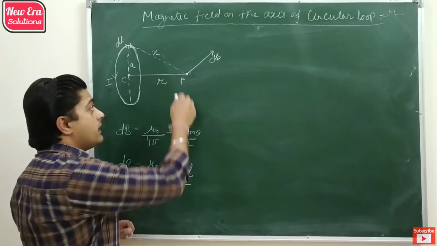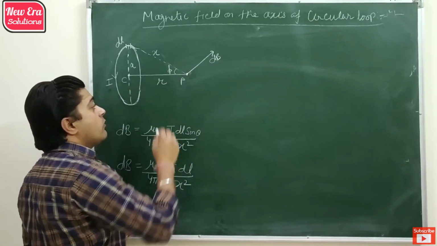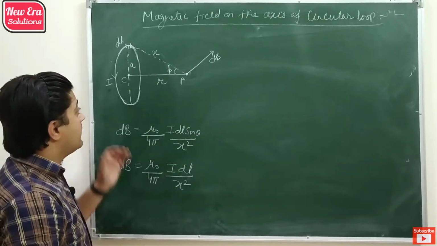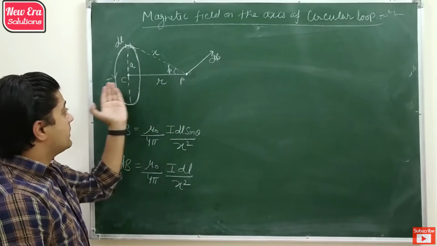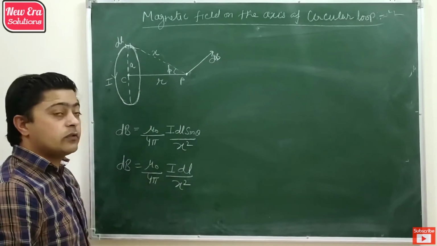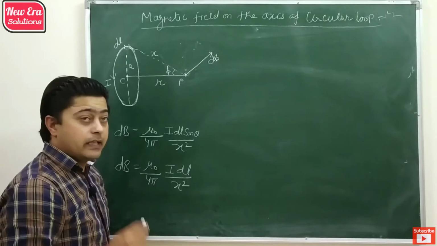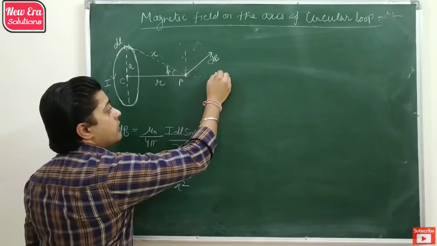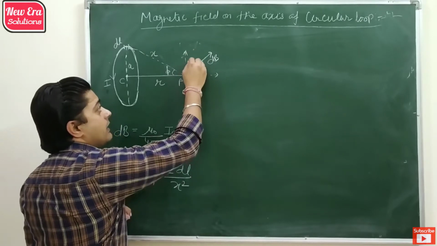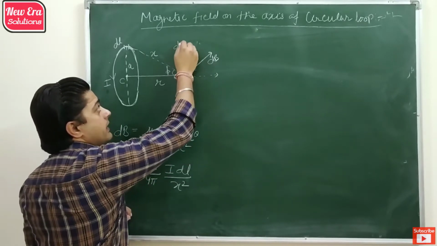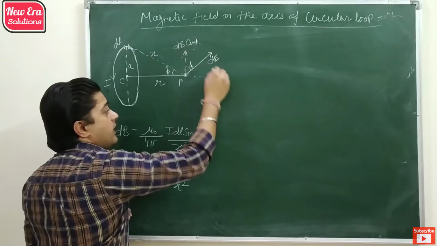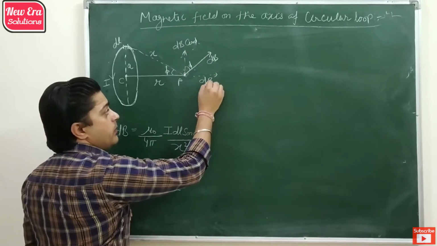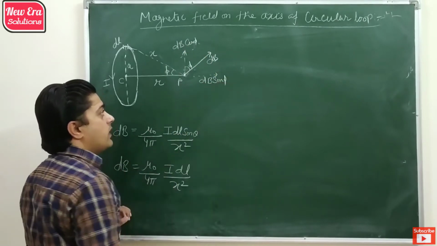And if we let an angle phi which is formed between the displacement vector x and the position of point P, r, then this magnetic field can be resolved into two components with respect to the angle, that is dB cos phi and dB sin phi.